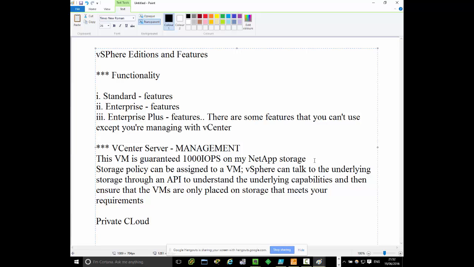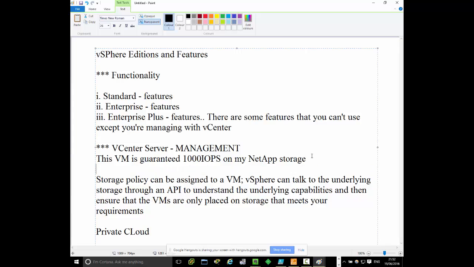So you create this policy and you assign this policy to this VM called domain controller 1.